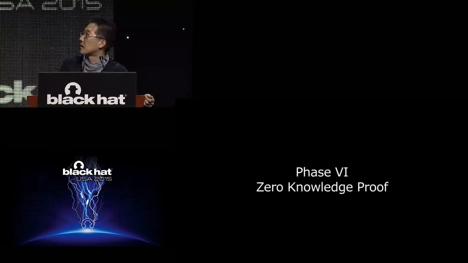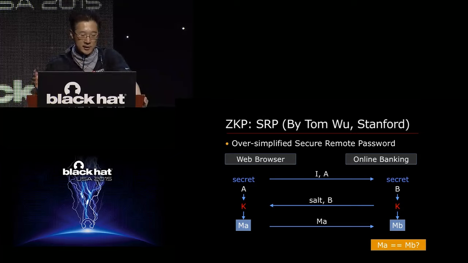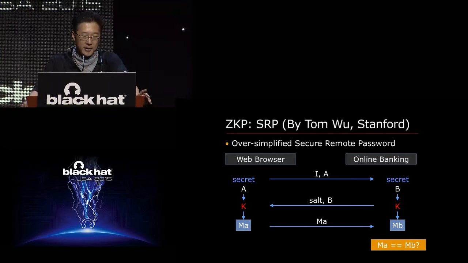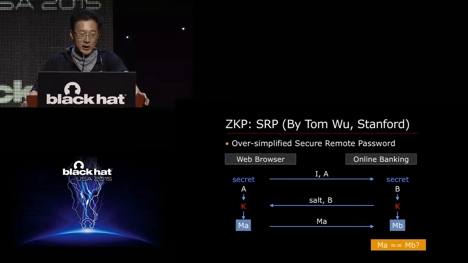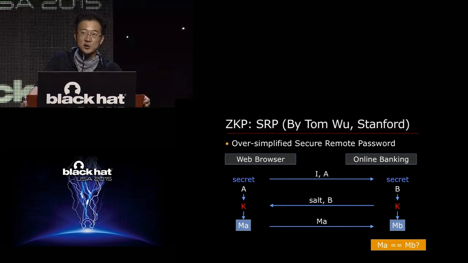Zero knowledge proof is a very interesting technique. In simple words, when two parties have a shared secret, they can prove to each other that they do actually have the shared secret without transmitting the actual secret on the wire.